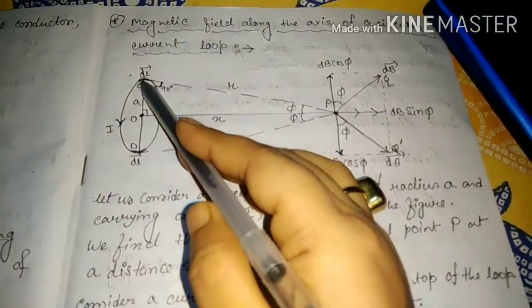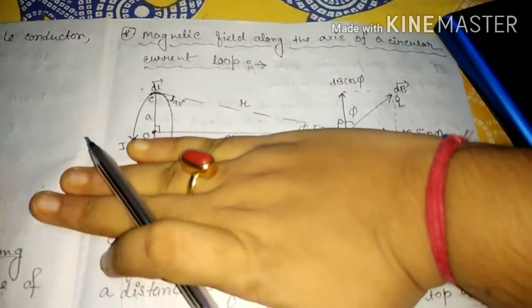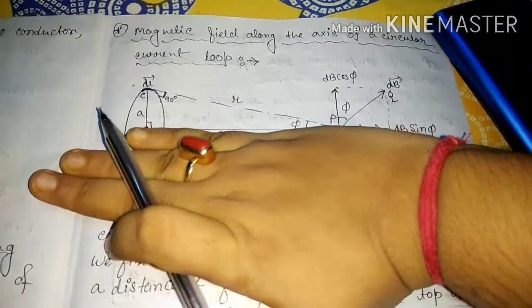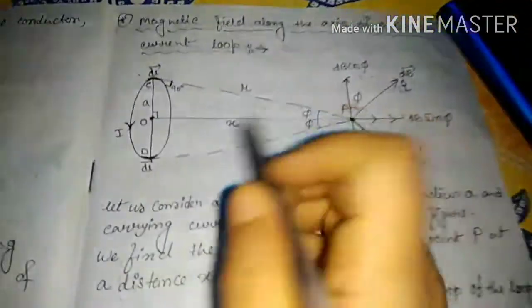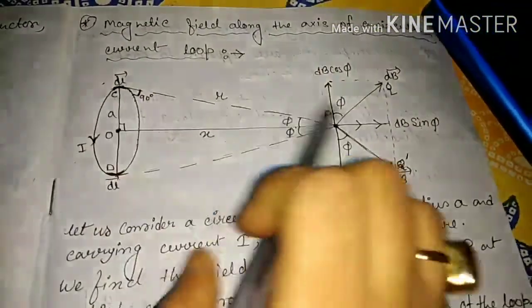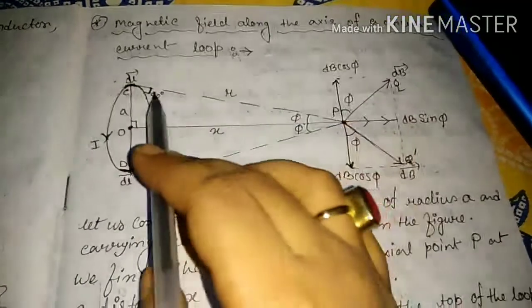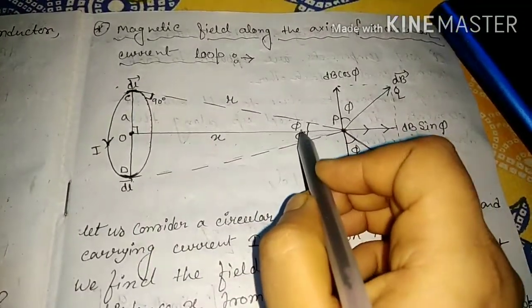First, just consider the first half, the upper half of this circular wire. Then we consider the lower half. In the upper half we consider at the top a small current element dl. The distance from P is r, and this is x. This makes an angle phi.